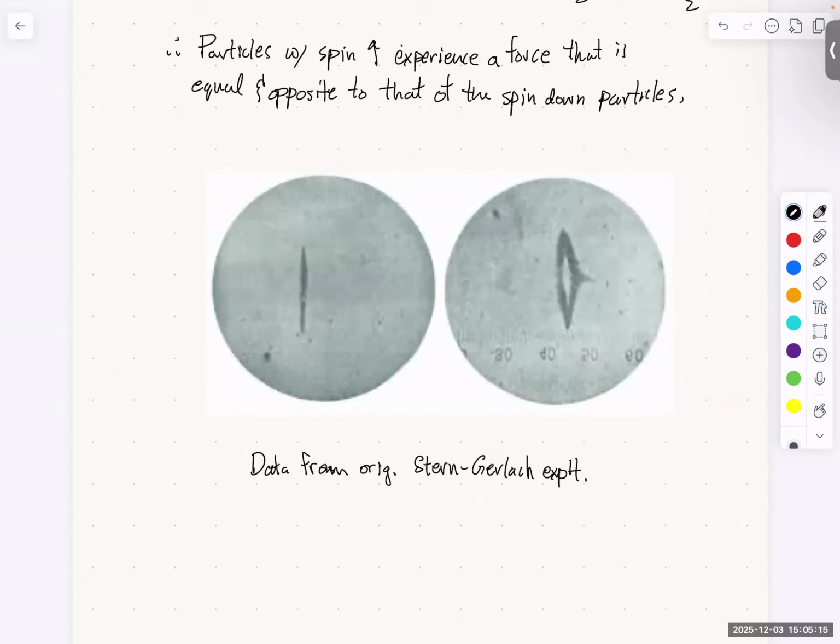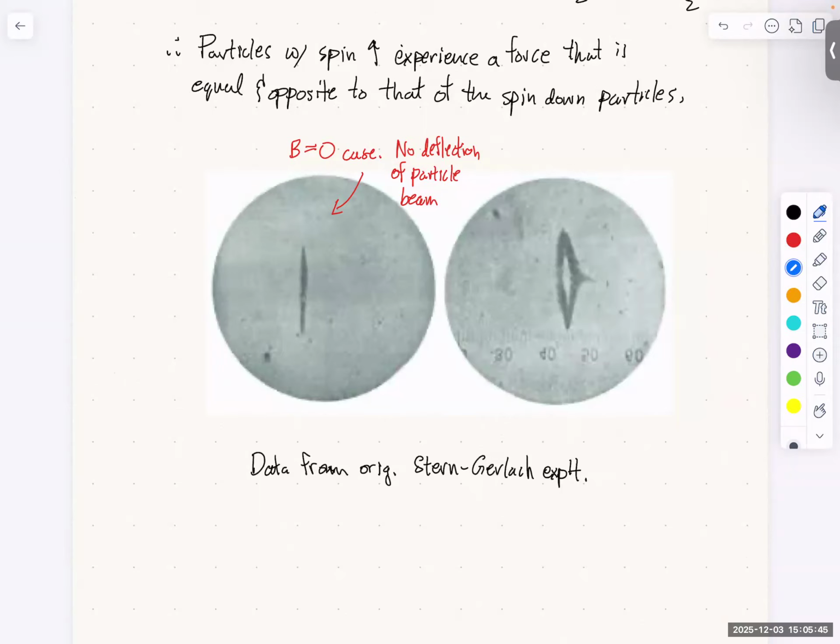So this is the B equals 0 case, and there's no deflection of the particle beam. Then we turn on the field and you see it splits.